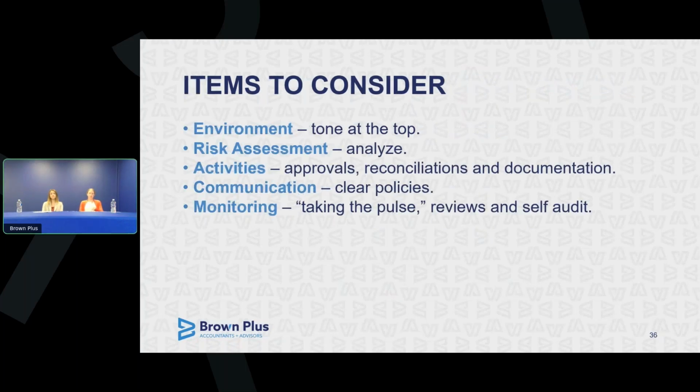So what should you consider when you're looking at internal controls? In the accounting world, there's a whole framework related to internal controls that is very, very lengthy. I tried to pull down some main things to think about when you're looking at your internal controls. Environment is one of the top ones. That's really the tone at the top. Does the leadership of your organization buy into this, saying yes, these are important things, and follow through on their end?